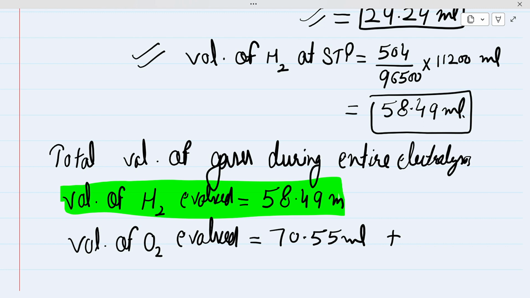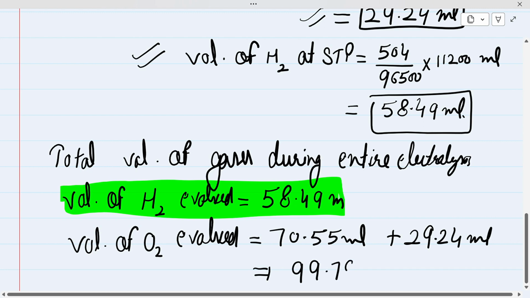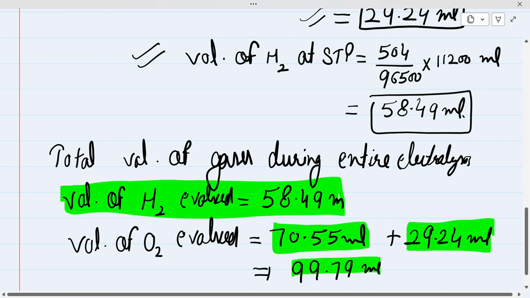In the second stage, when all copper is finished, the volume of O2 is 29.24 ml. So the total volume of oxygen will be equal to 99.79 ml. That is the volume of oxygen liberated during the entire electrolysis.